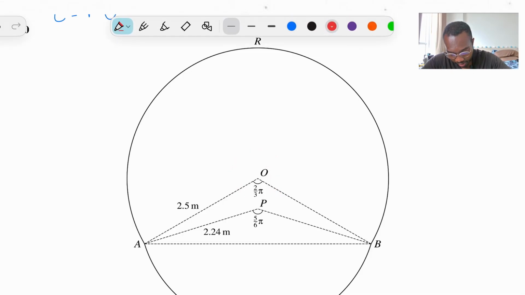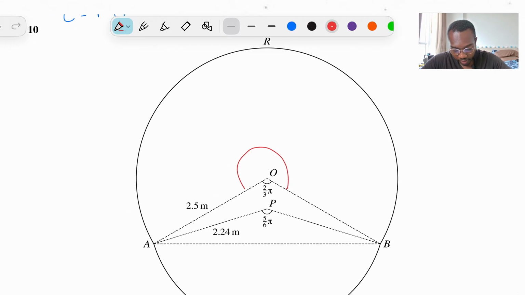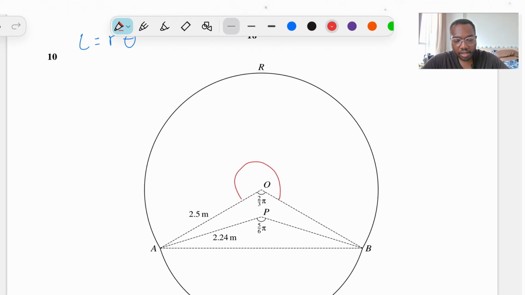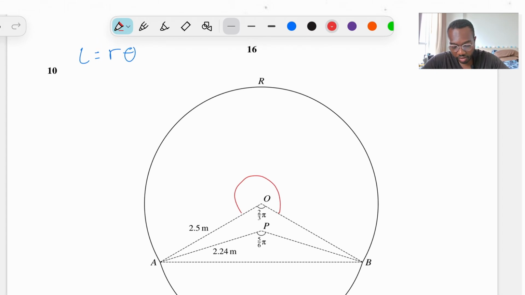We can work this angle out because the other angle has to make the circle, so the total has to be 2 pi. That angle just has to be 2 pi minus 2 pi over 3, and that is 4 pi over 3. So now we know that this angle here is 4 pi over 3.